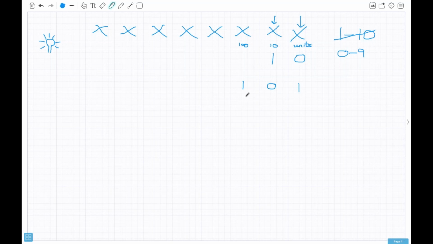So I have 100 oranges and 1 orange. If I had $323, I had $300, 2 $10, and 3 units. Now I may have 323 $1 bills, or I may have 3 $100 bills, 2 $10 bills, and 3 $1 bills.